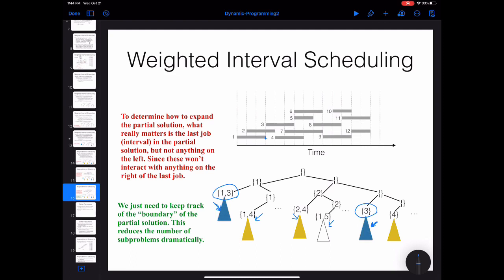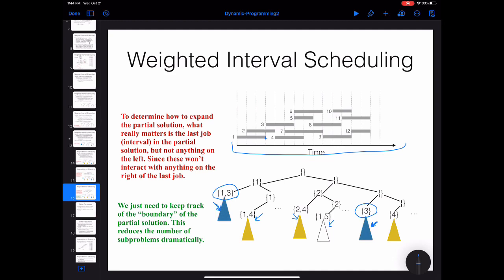So if I define some ordering over the jobs, for example, ordering all the jobs based on their starting time, it gives me a nice property. If I started from 1 and have taken 1, then take 2, then take 3, when you are thinking about 3, everything to the left of 3 can be excluded. This gives me the ability to reduce the number of subproblems to linear.